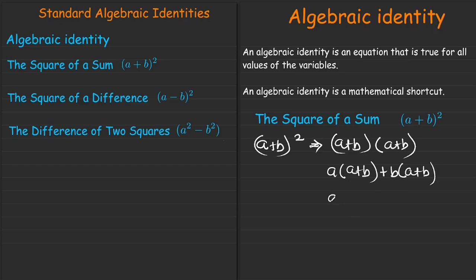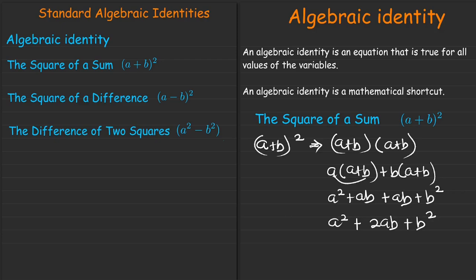Expanding, you have a squared plus ab, that is a times a gives you a squared, a times b gives you ab, then plus b times a gives you ab, and then b times b also gives you b squared. These two are like terms, so we can rewrite it as a squared plus 2ab, then plus b squared.